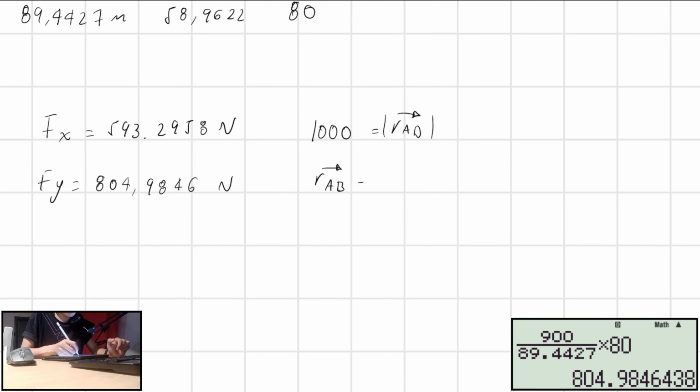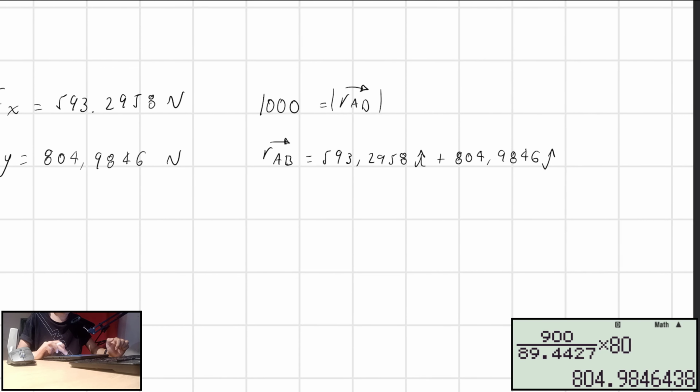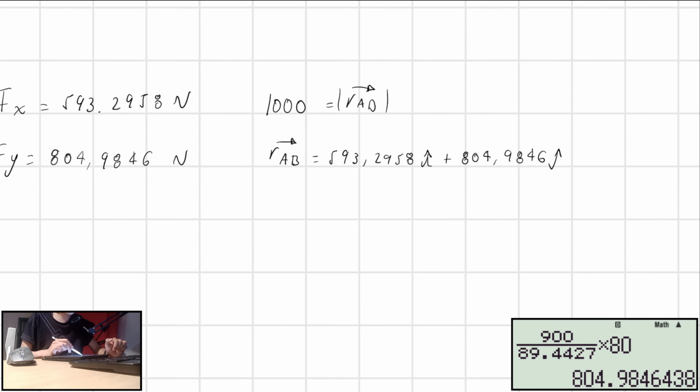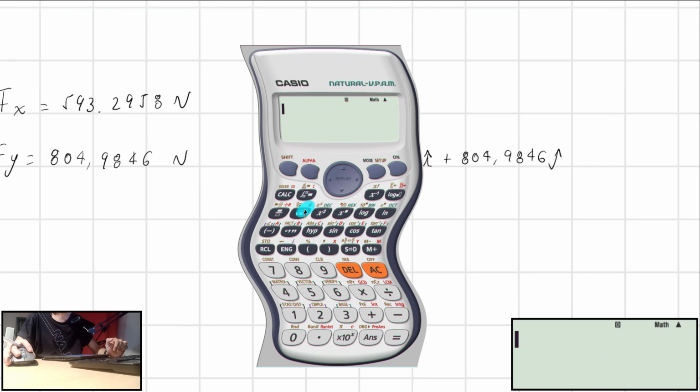Now the vector is going to be equal to 593.2958 along the I direction plus 804.9846 along the J direction. Now the summatory between these two evaluated to a second power, every single one of them, must be equal to 1000. So we're going to test that now.